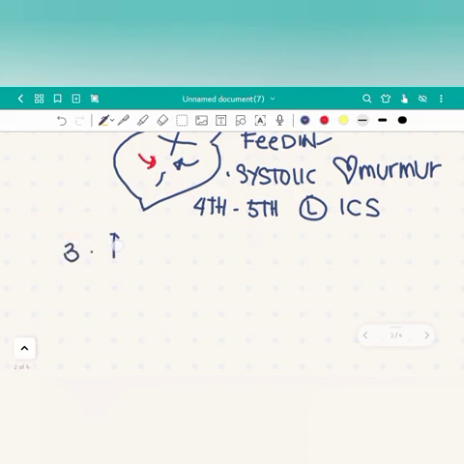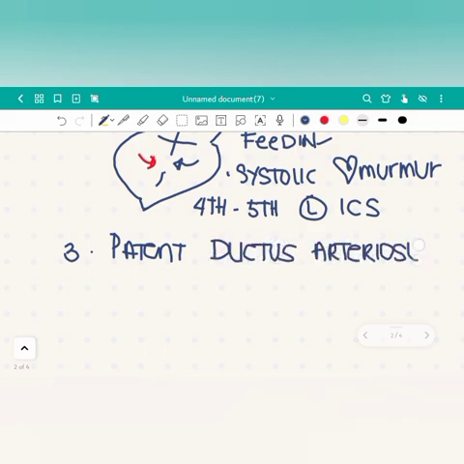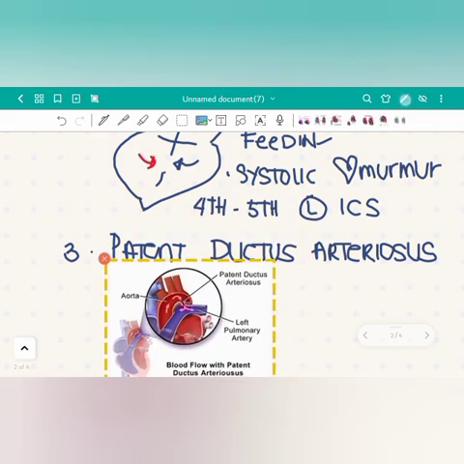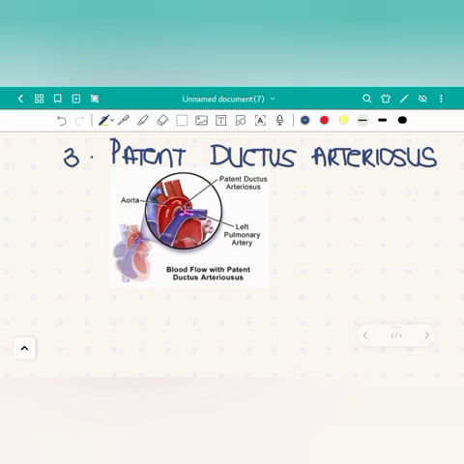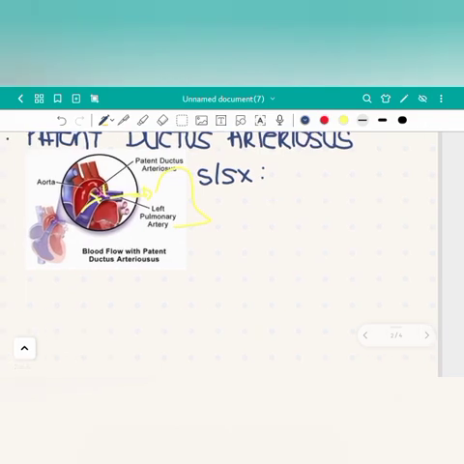So third one is the patent ductus arteriosus. So there is an opening that connects the aorta and the pulmonary artery. Yan, di ba yung aorta going to the pulmonary artery? From the lungs na siya. So, yung signs and symptoms na maririnig natin dito, remember, the word duct is a machinery-like murmur. So, maingay siya.